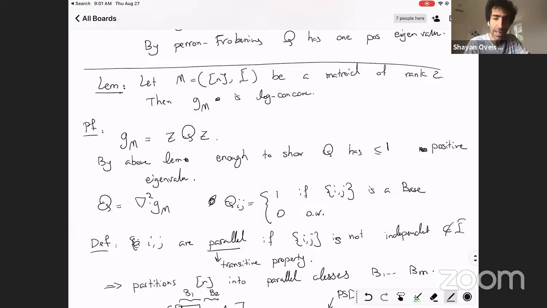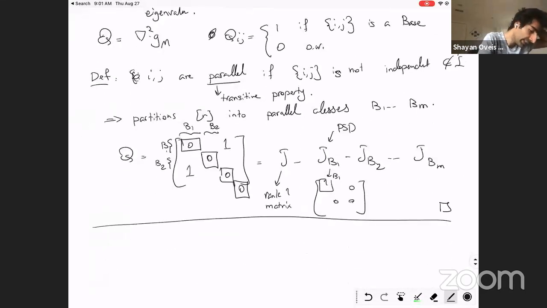Now we want to move forward. How do we prove the main theorem that I promised at the beginning of the lecture? I want to prove that for every matroid the basis generating polynomial is log concave.